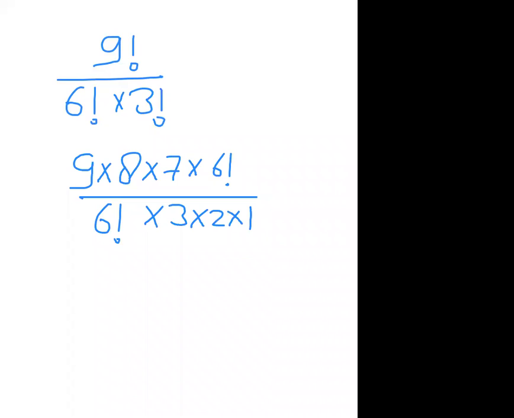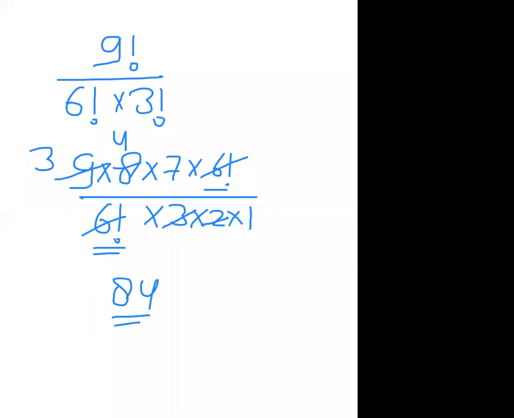We need to keep in mind that whichever number is greater in the denominator, up to that we need to go. So 6 factorial and 6 factorial cancel. 3 times 3 is 9, 2 times 2 is 4... 9 into 4 into... 84 will be the answer for this.